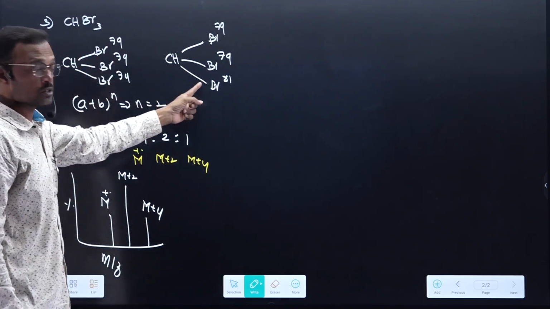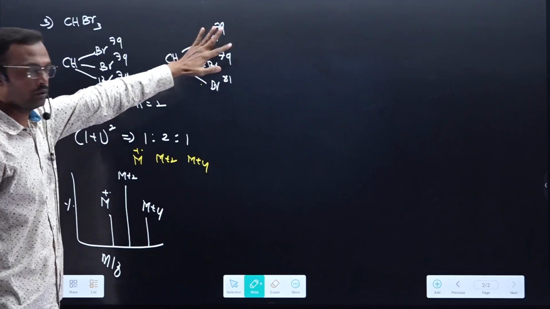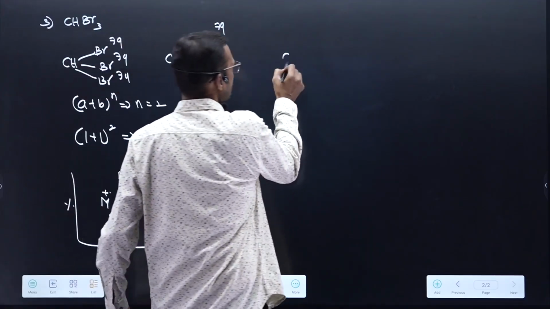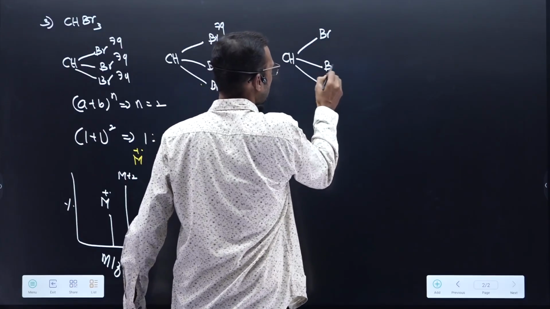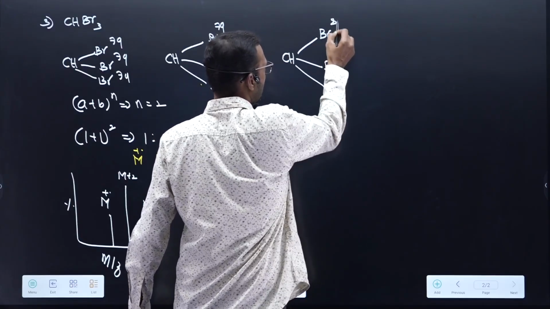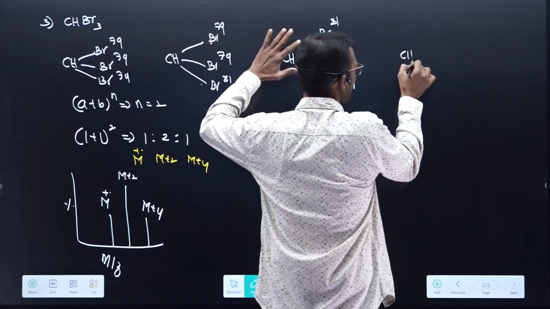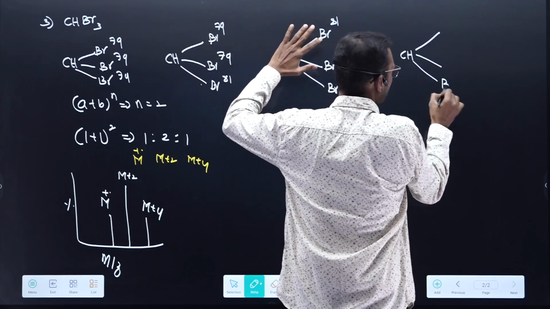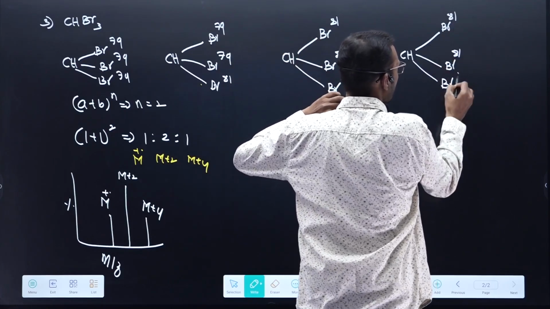In these three possibilities, the middle may be 81, or this may be 81. You work out later. Next, two may be 81: two heavier, one lighter, 81, 81, 79. Here also three possibilities are there, similar to chlorine. Now, three are heavier: 81, 81, and here also 81.